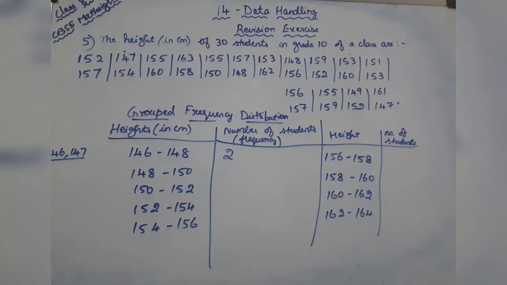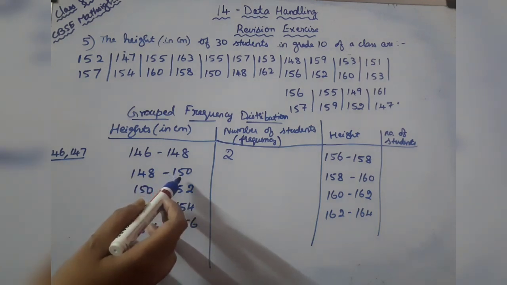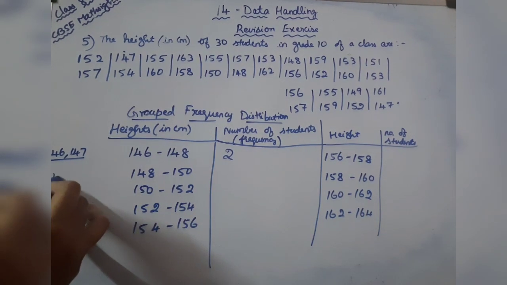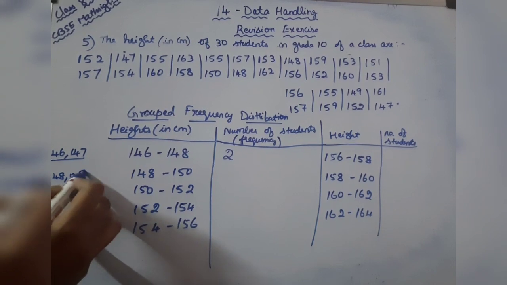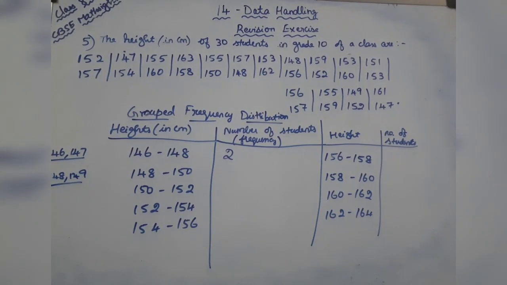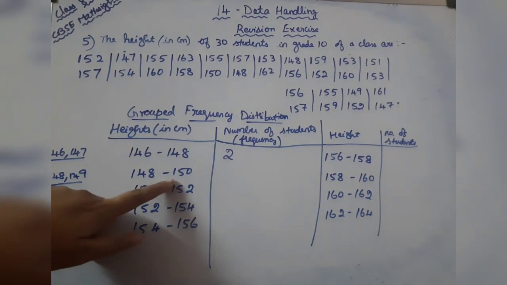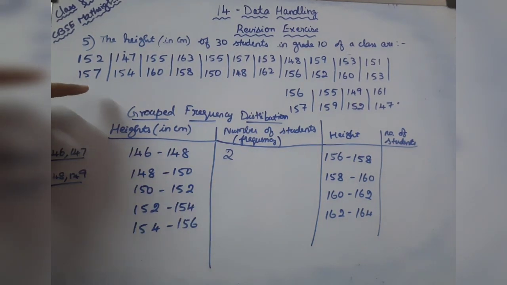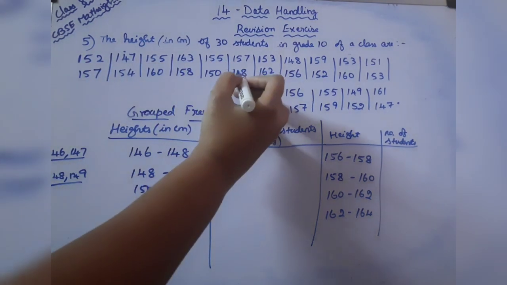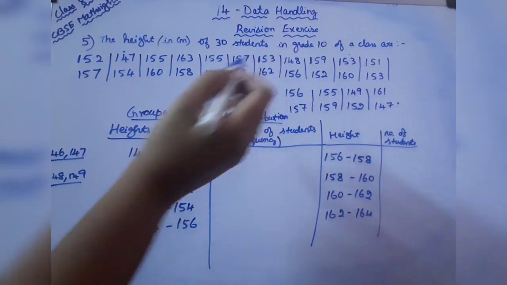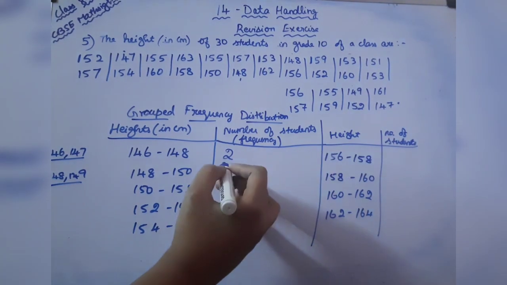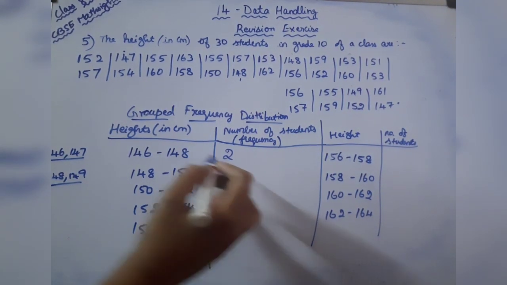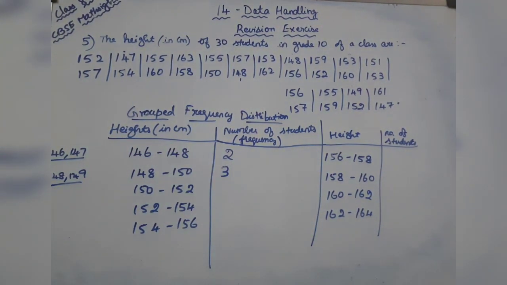Next I am going to take 148 to 150, which means 148 and 149. I am going to put these values under this category. Checking for 148 and 149, we have 1, 2 and then 3, so totally 3 values under 148 to 150.